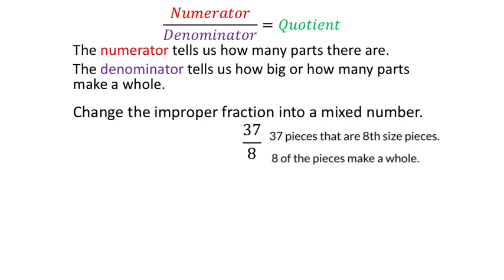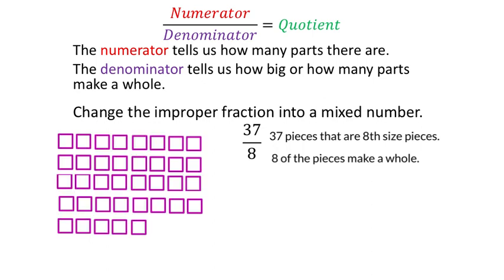So again, if we look at this in the form of a diagram, we'd have 37 pieces. Now, this is 37 1/8 size pieces. What makes these an 1/8? Well, if I look at these, and I've done this on purpose, by the way, I'm going to look at this first row, and if I were to box these in to make one full unit, that is one full unit.